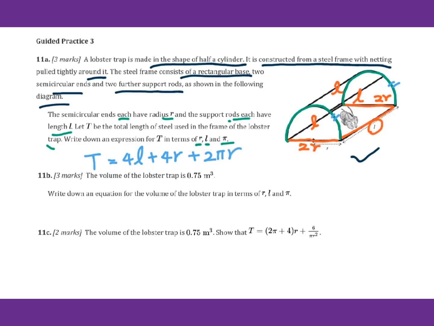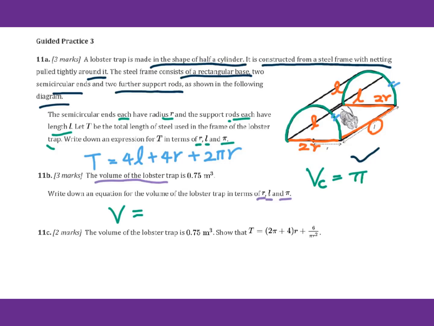Look at 11b. The volume of a lobster trap is 0.75 meter cubed. Write down an equation for the volume of a lobster trap in terms of r, L, and pi. We know the volume equals 1/2 of a cylinder. For the cylinder, I use Vc to stand for the volume of a cylinder.